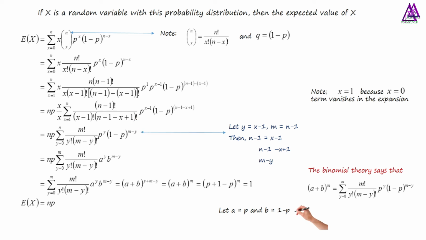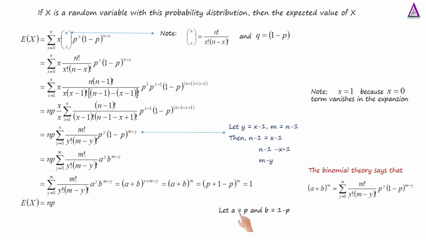Let p equal to a and b equal to 1 minus p. The binomial theorem says that bracket a plus b raised to power m equal to everything a. So therefore, we can turn everything in this place into a plus b raised to power m based on the binomial theorem.